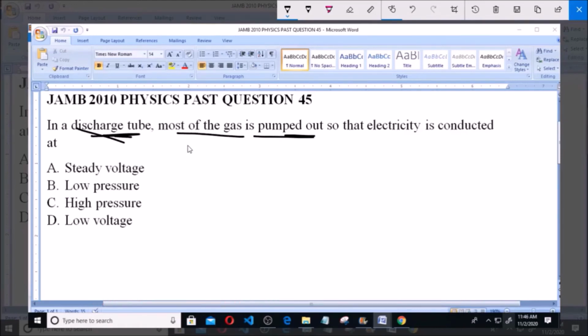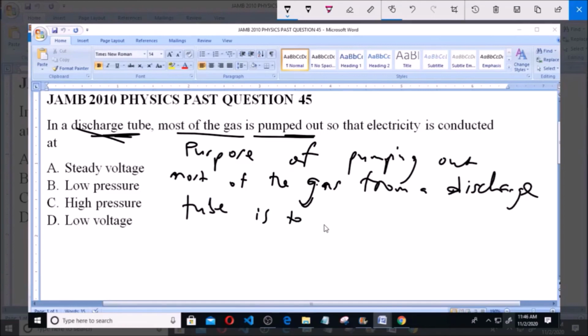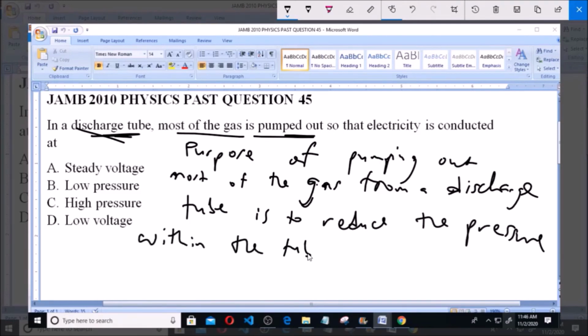Now the purpose of pumping out most of the gas from a discharge tube is to reduce the pressure within the tube.